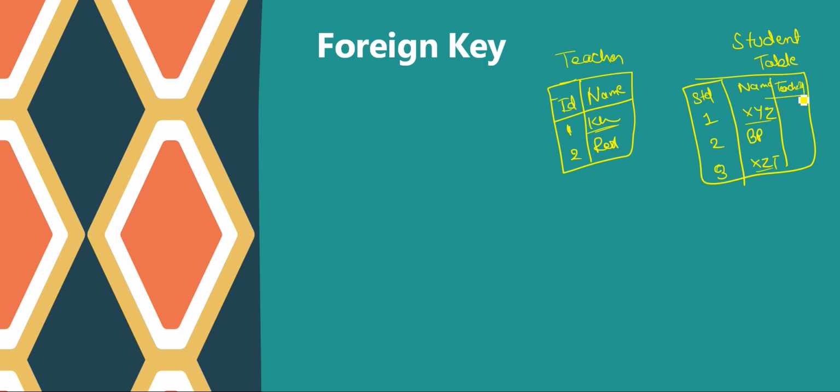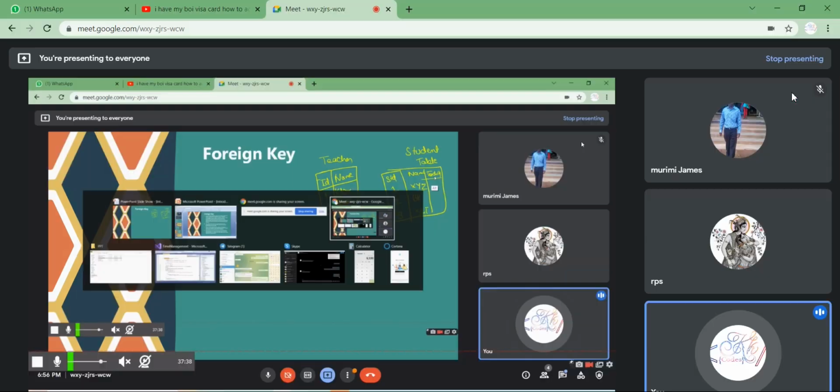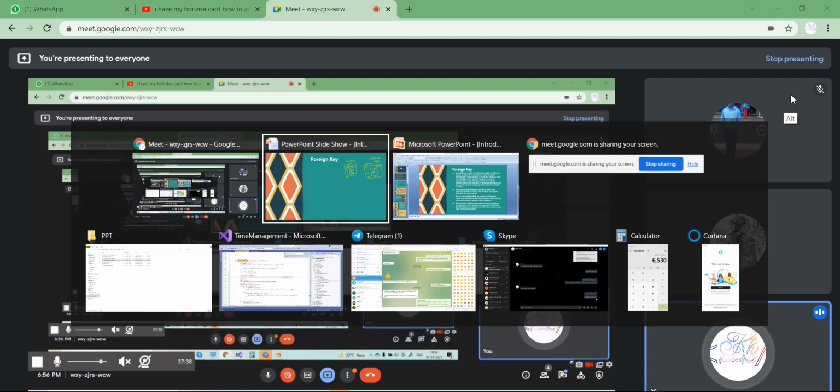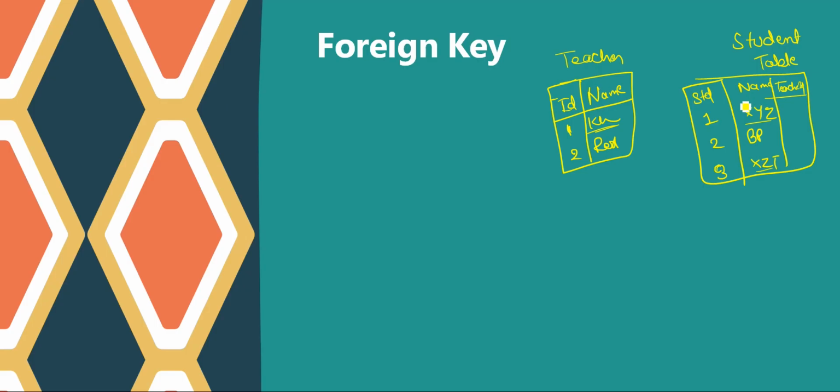In this teacher ID, I am going to store the ID of the teacher by whom this student is taught. So let's say XYZ studies under Khushbu, so Khushbu's teacher ID is 1. BP is taught by Reshu, and this one is also taught by Khushbu.